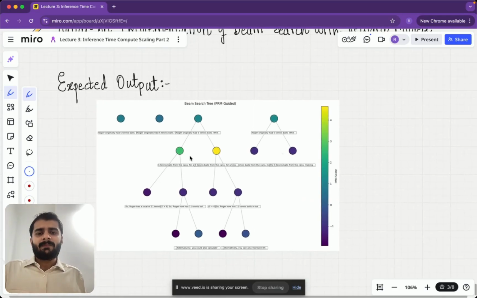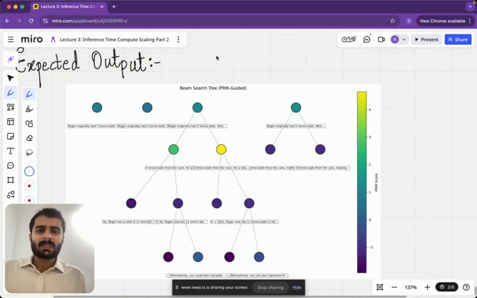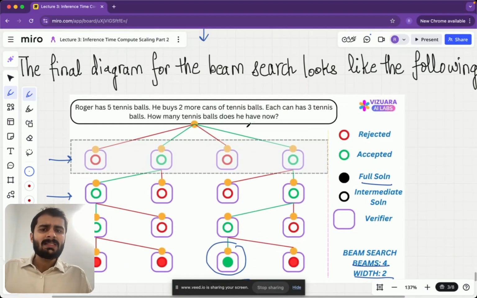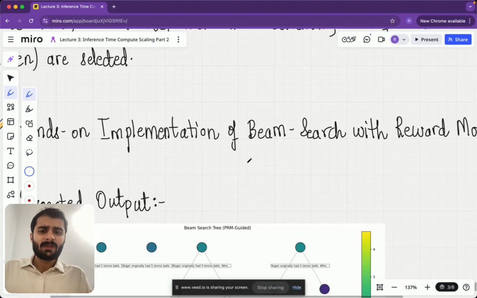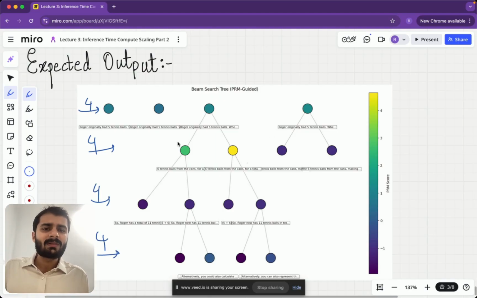Okay, now what we are going to do is write code which gives us a beam search tree like this, and we are going to give exactly the same prompt which we have given over here. You can see that in this layer there are four, and again in this layer there are four and four, because the number of beams is four and the beam width is two.